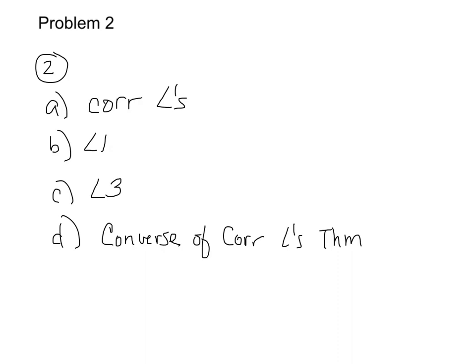So, the reason is that L and M are parallel because we just said angles 2 and 3 are congruent. Because two corresponding angles are congruent, we know that the lines are parallel. Remember that if we have parallel lines and a transversal, corresponding angles are congruent. Well, the converse of that says that if you have two congruent corresponding angles, then the lines are also parallel.